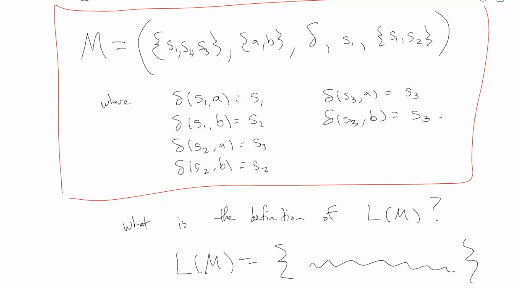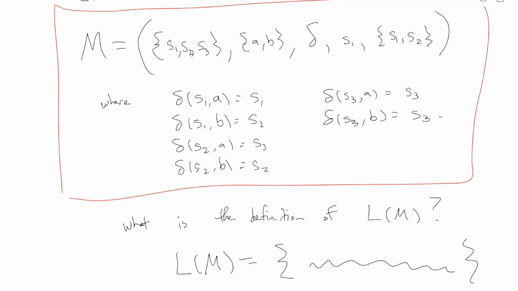I'm going to somehow indicate it's the set of all strings which are accepted here. Now, if you're looking at a diagram, what does it mean to be accepted? It means if you follow the arrows with your finger, you end up in the double circle. I want to say all of that in a formalized way without talking about my finger or the arrows, right? Just talking about these formal ingredients.